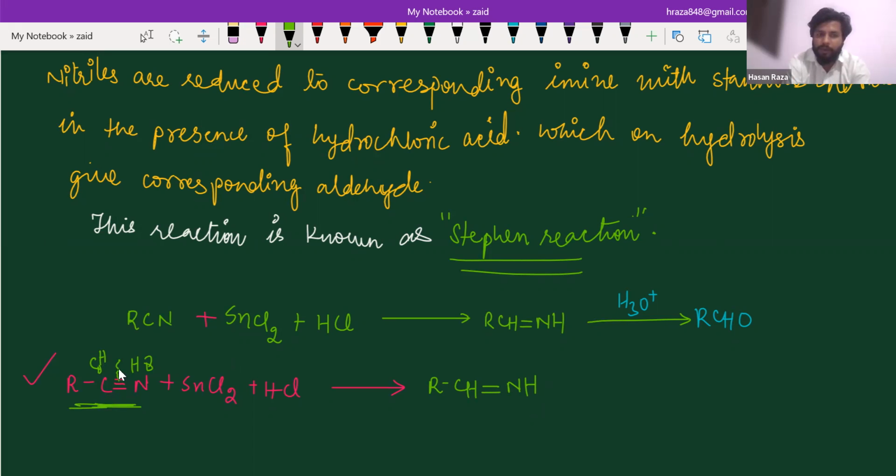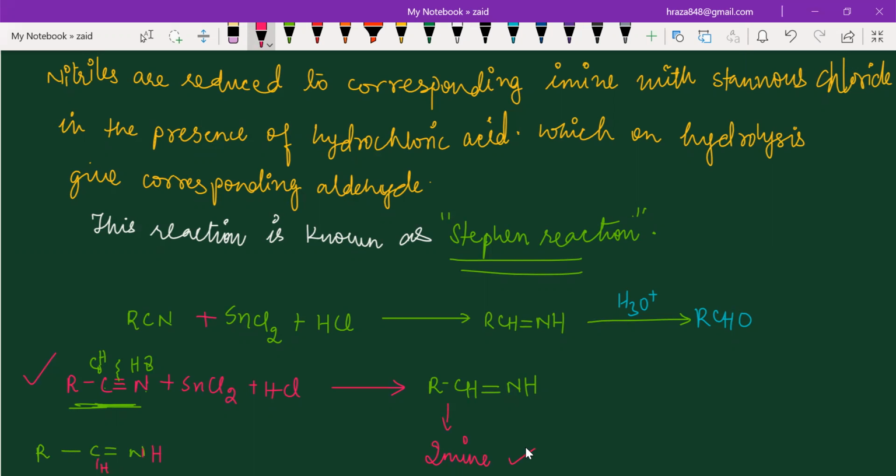So one of the bonds between carbon and nitrogen will be broken. Now carbon will be like this and nitrogen like this, so they can make one more bond. So this hydrogen will be added to nitrogen and carbon as well. So this is your imine. Is that clear? Yes, sir.